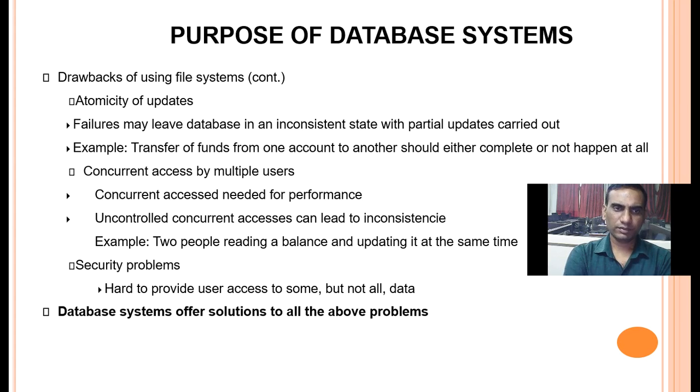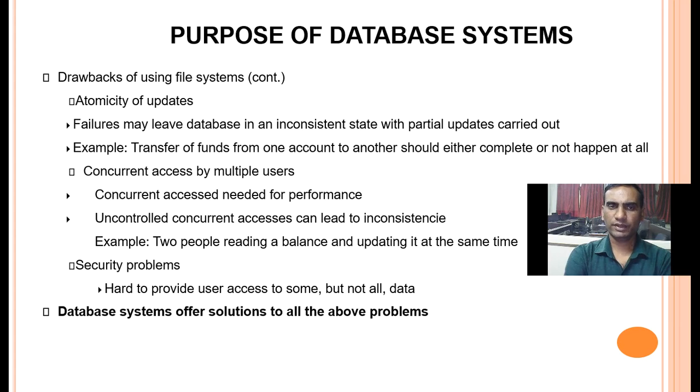But whenever the transaction is going on, suppose the light has gone. At that time what happens? It will be deducted from A, but it cannot be added to B. So this is called an inconsistent state. This type of inconsistency should not happen. Whenever the light comes back, it might be reverted to A or shifted to B. This is called atomicity.